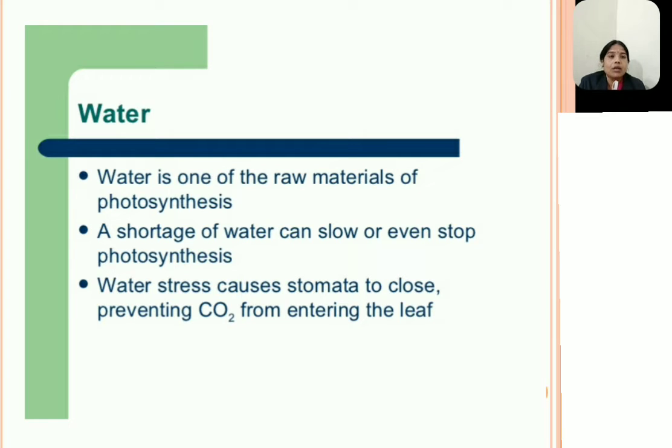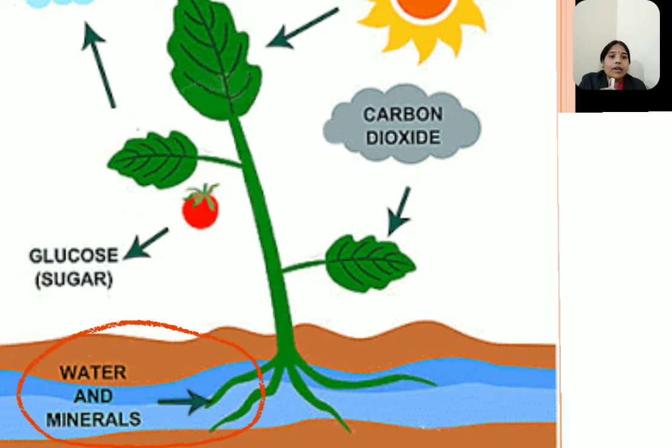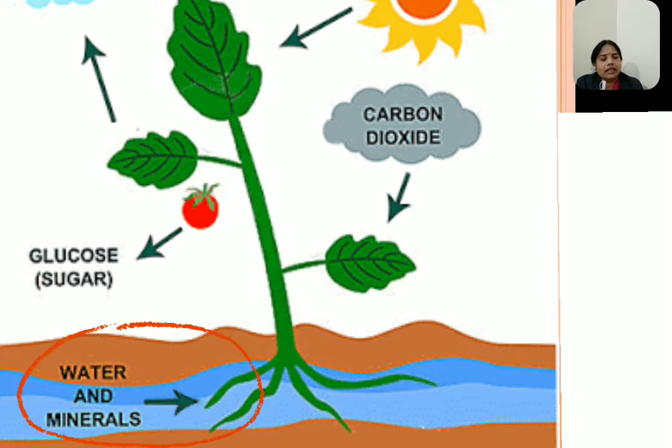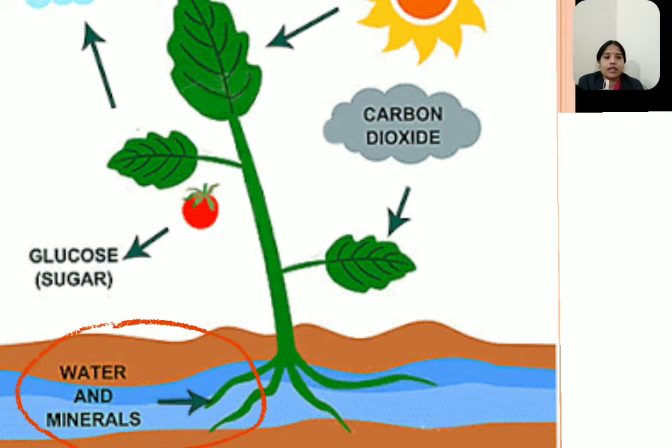Water stress causes stomata to close, preventing carbon dioxide from entering the leaf. So water is a very important material of photosynthesis. Water deficiency decreases the rate of photosynthesis.